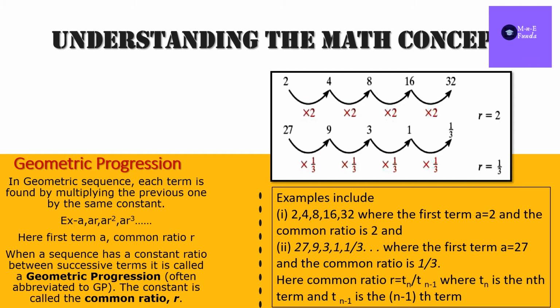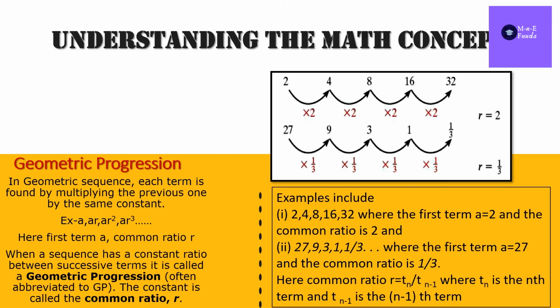If we multiply the first number with a constant common ratio, here it is given 2, then we'll get the second term. So 2 multiplied by 2, that is 4, is the second term.